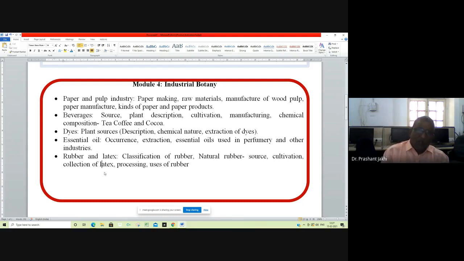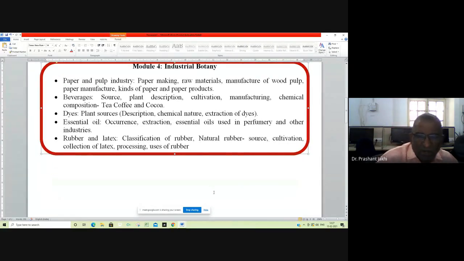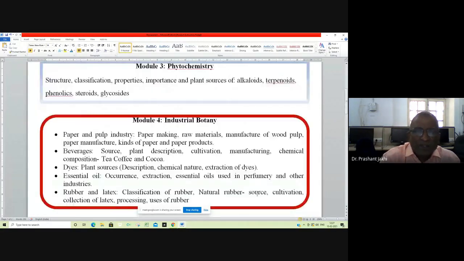For rubber and latex there are a variety of qualitative and quantitative parameters, and on the basis of these, rubber and other different parts are used for the production of different things. So natural rubber: what the different sources of natural rubber are, how it is cultivated, how the collection of latex is done, and the processing and uses of rubber. These are the things we are going to study from our paper, that is, module 4 industrial botany.